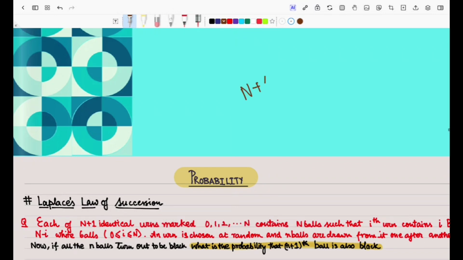There are n plus 1 urns, and all of them are identical.